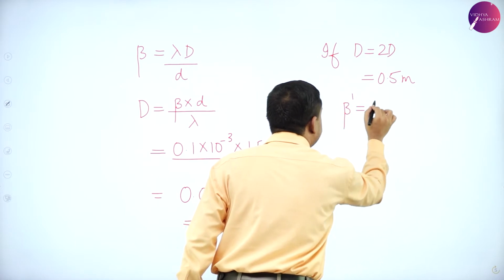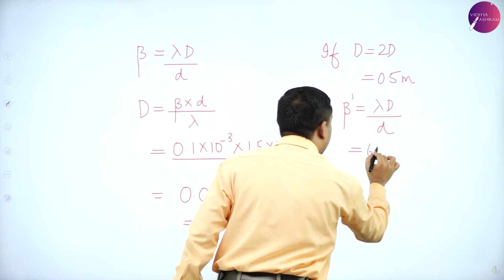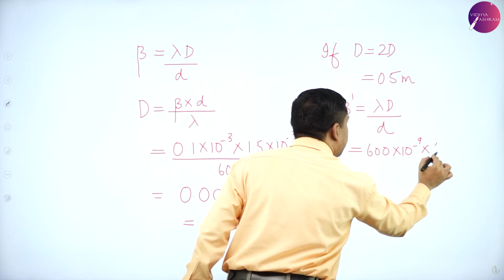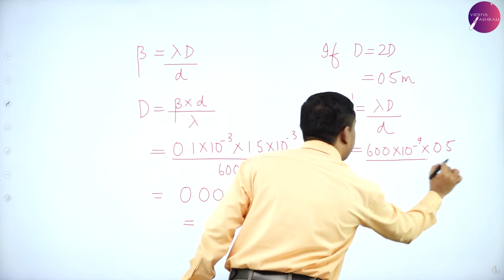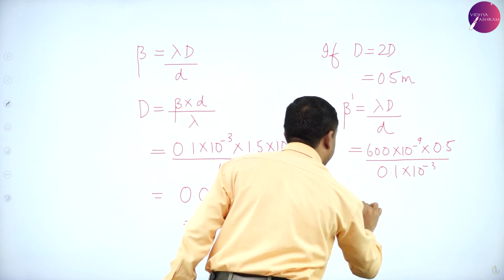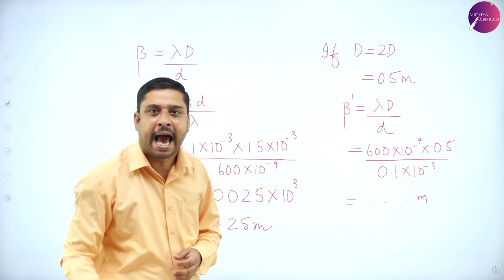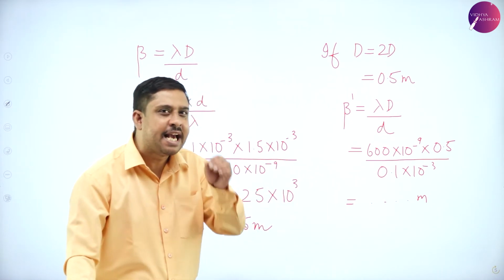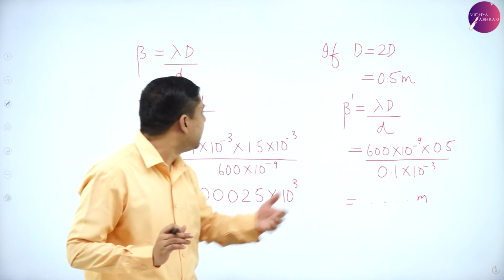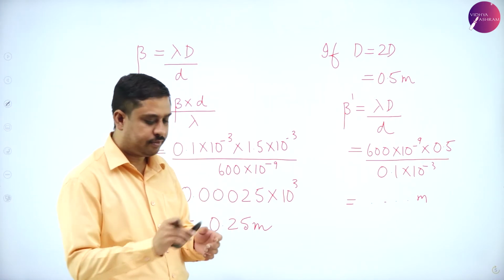Beta dash is lambda D by small d. So 600 into 10 power minus 9 into 0.5 divided by 0.1 into 10 power minus 3, so many meters will be the answer. The last simplification task is yours. Take a calculator. Everything is substituted. The last step, kindly work out.